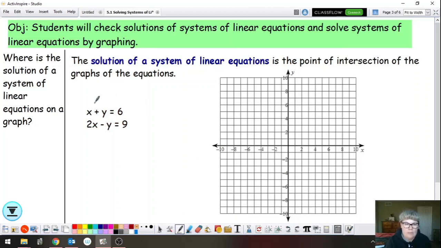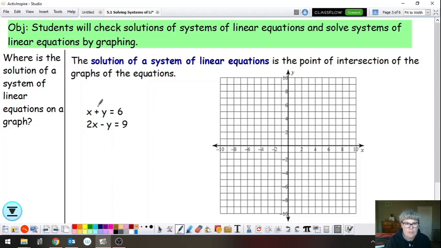Now, when it's in standard form, like these two equations are, we could rewrite the equation in slope-intercept form, y equals mx plus b, or we could find the x and y intercepts. I am going to go ahead and just rewrite the equation in slope-intercept form.